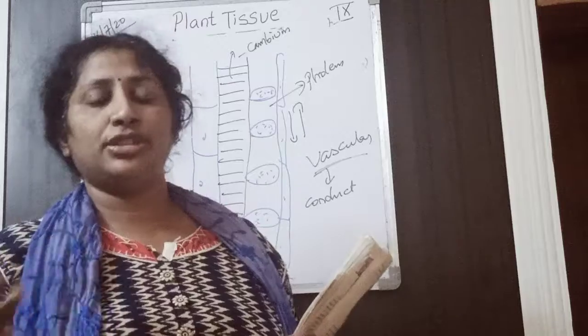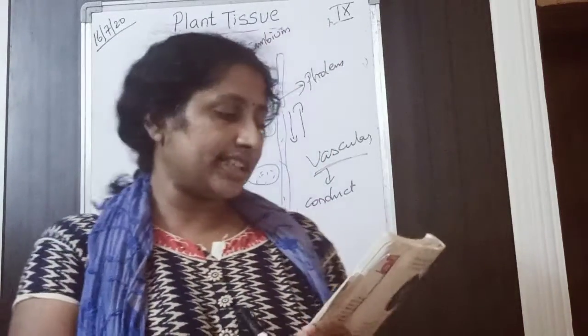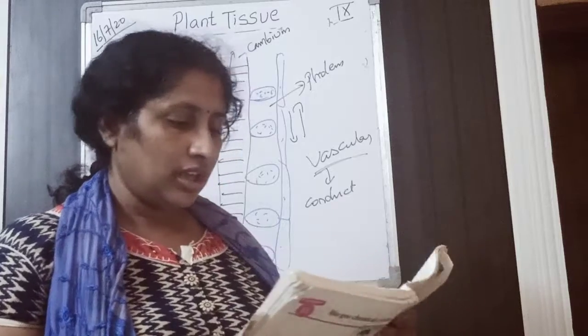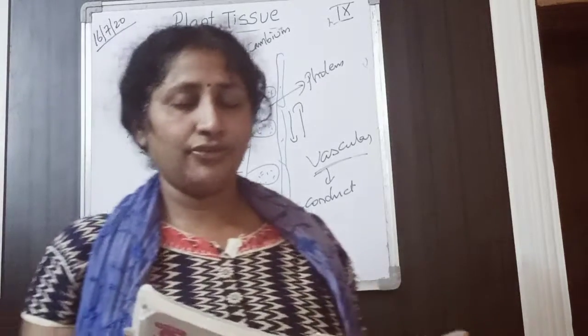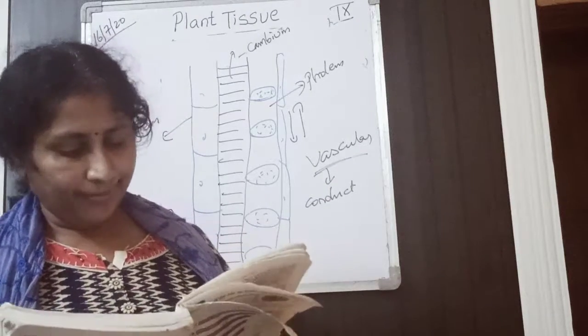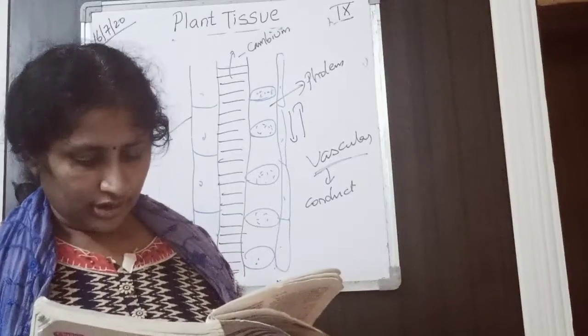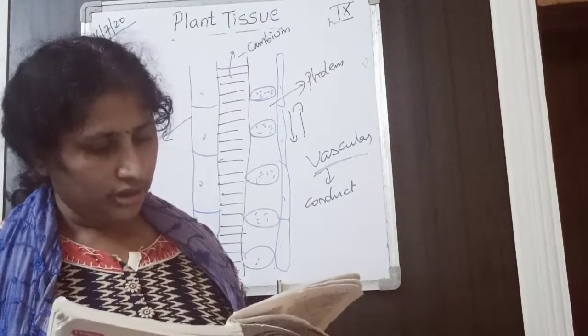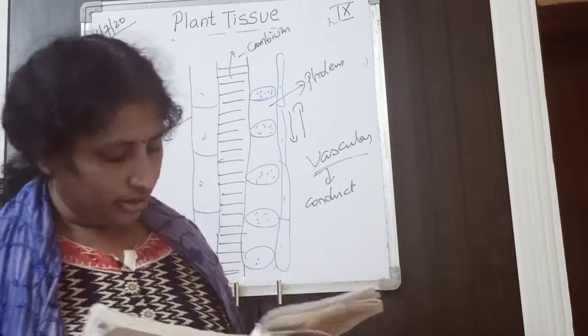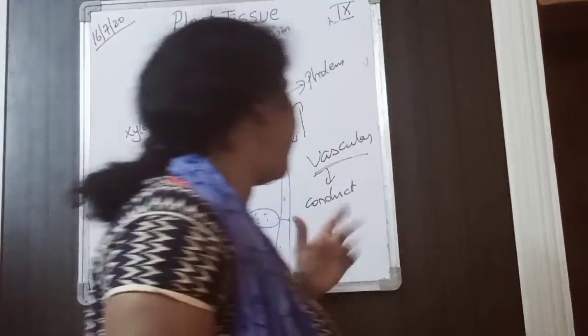So think how these two are working. That's why they are called complex permanent tissues. They can take water and food to greater heights. Clear? This is about xylem and phloem.